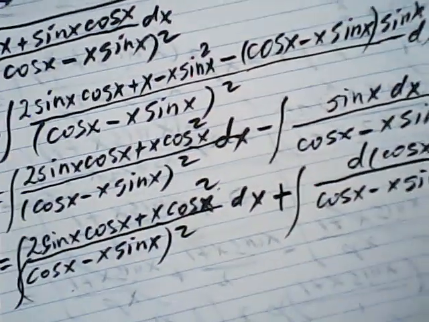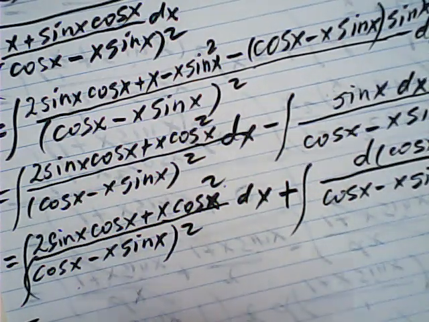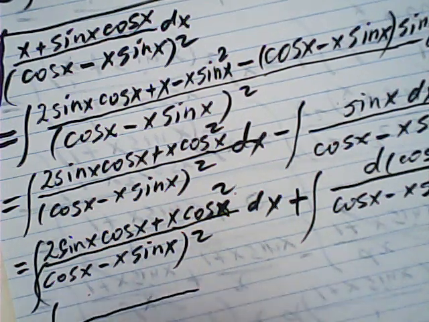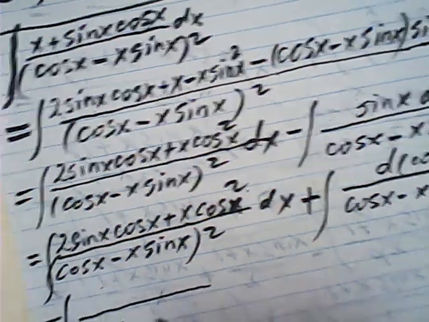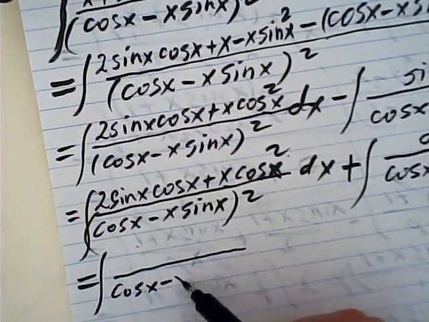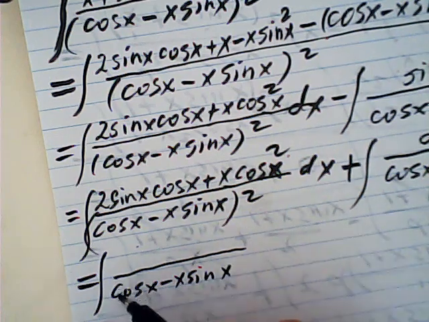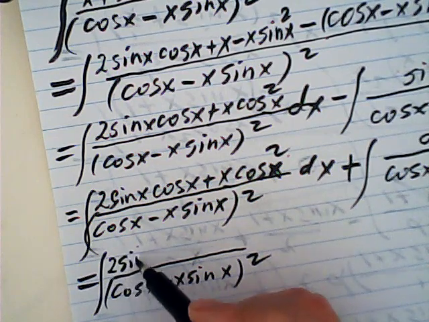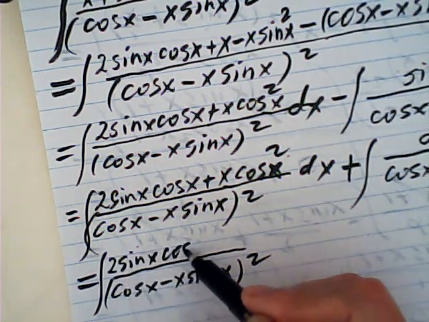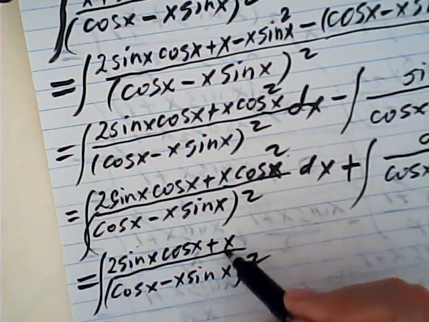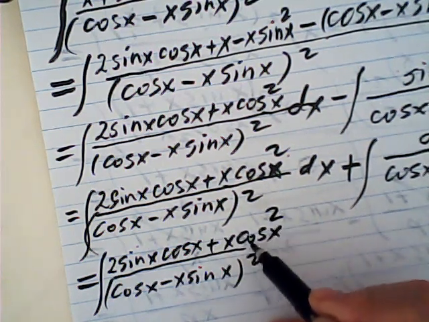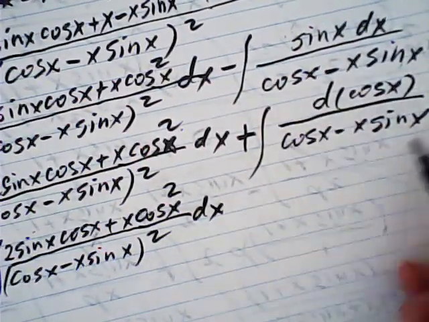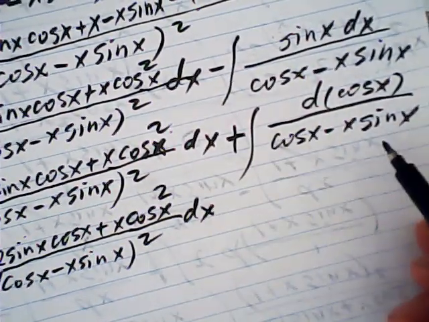Now then, this one, well, let me copy it again. I don't want to omit something which is necessary. Okay, then there's 2 sine x cosine x plus x cosine x dx. Now this one I can do by parts, right?